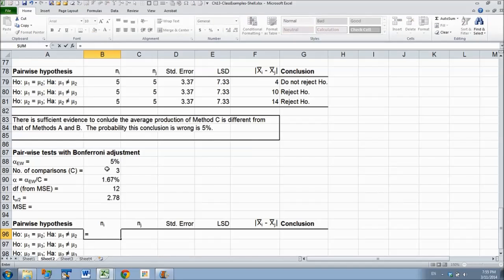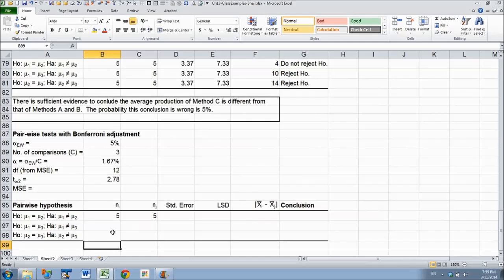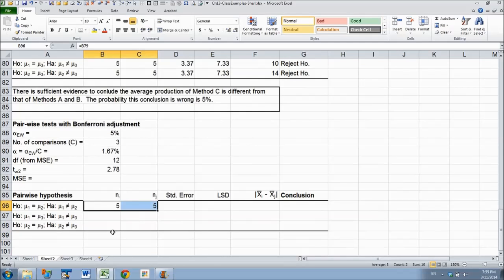Then we can get the values of the samples from the way we have set it up in the previous table. And the standard error is the same as the previous case.